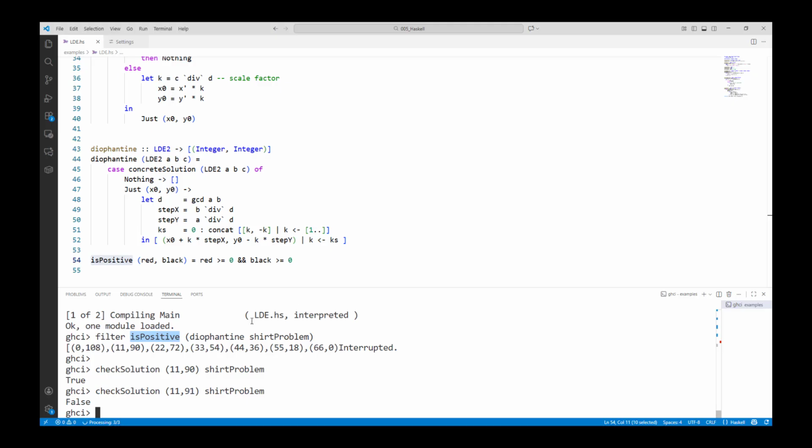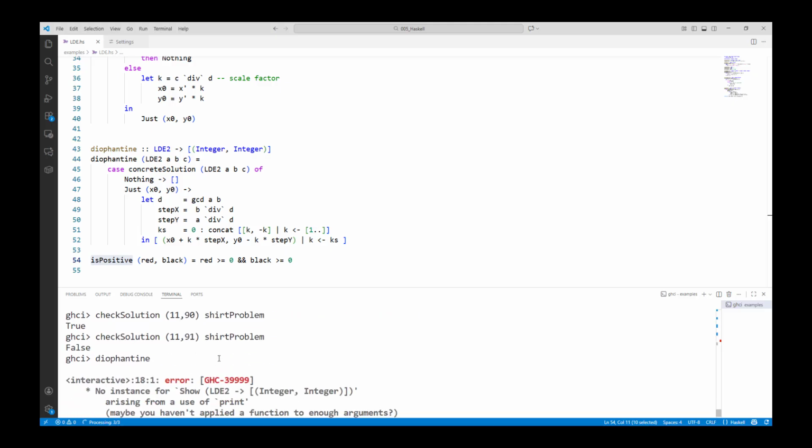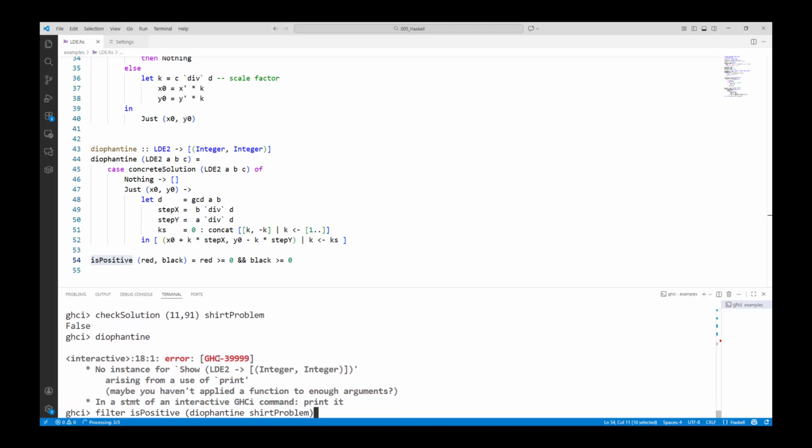Yes, so Diophantine should probably give us an endless thing. Yeah, the Diophantine gives us an endless thing if we take, for example, not 5 but 500.